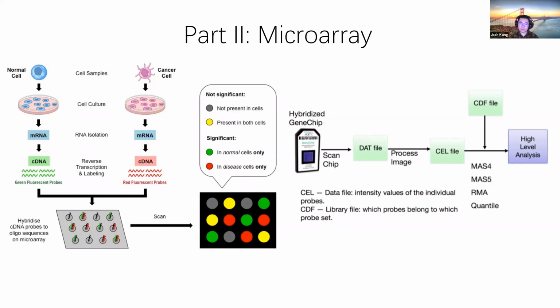But you will also need a CDF library file that tells you which probe belongs to which gene. And then you can get a conventional expression matrix, with patients in the columns and genes in the rows for downstream analysis.